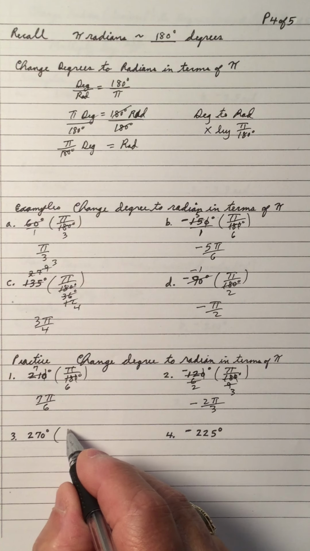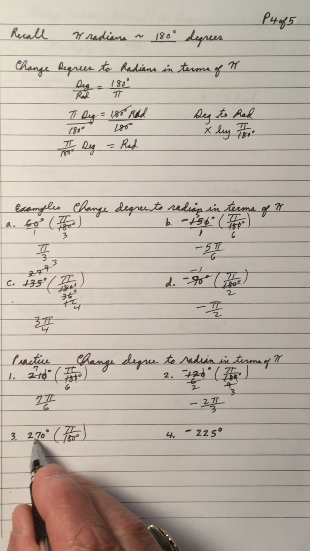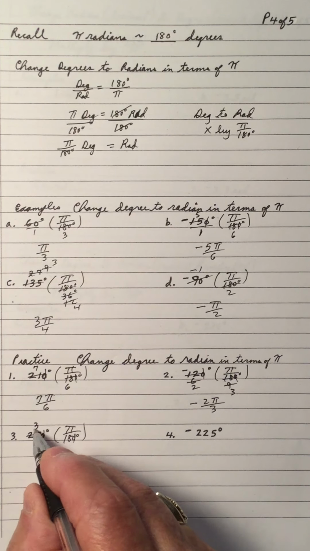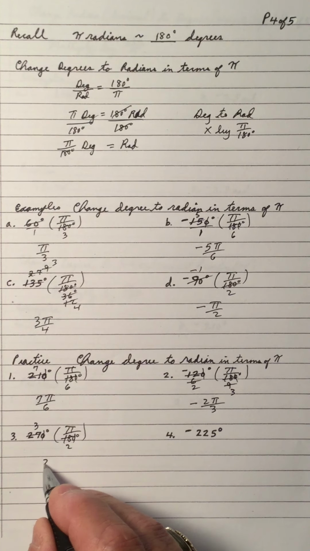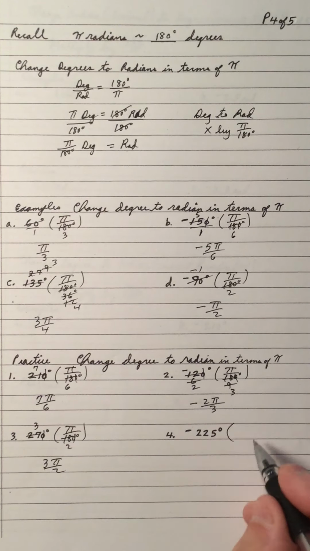And 270 multiplied by pi over 180. Again, this is a degree, so degrees on the bottom, the zeros cancel. 9 into 27 goes 3, 9 into 18 goes 2, so I get 3 pi over 2. And again, multiplying by pi over 180.